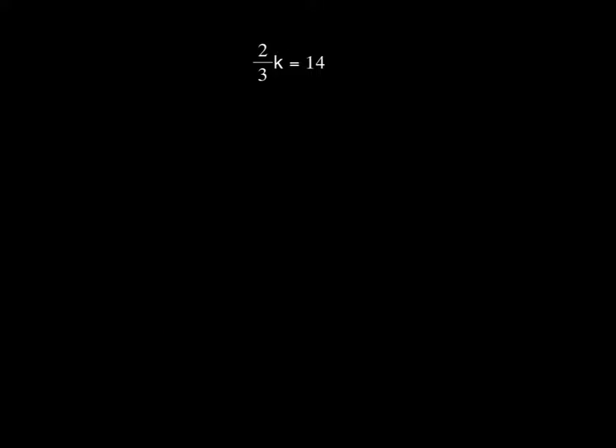Okay, so here I have a fraction next to my variable, which means I'm multiplying 2/3 times k. And it's going to equal 14. So I need to divide both sides by 2/3 to get my answer.